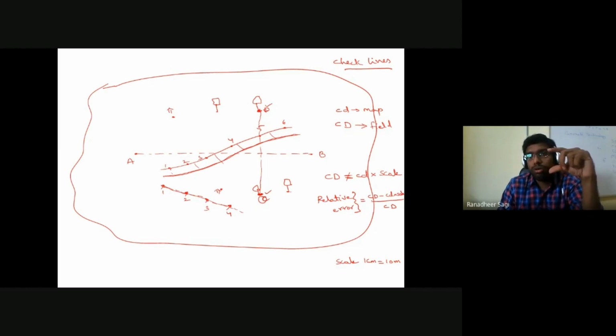According to the chosen scale I convert it, and then I divide it by the original dimension. Then I get what is called the relative error. Now, depending on whether that relative error is small or big, you can take a decision about whether your mapping work is correct or wrong.